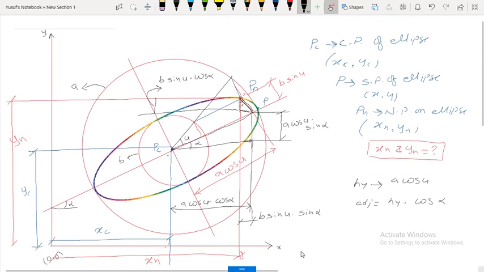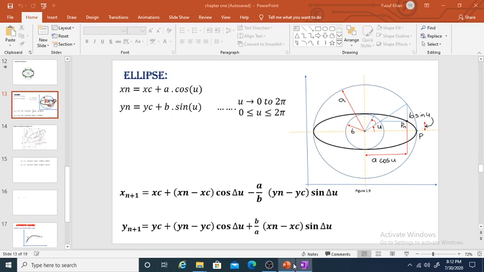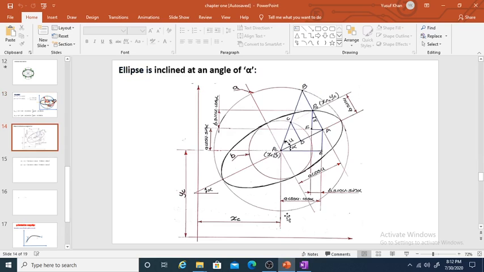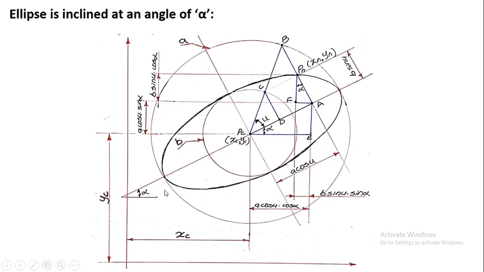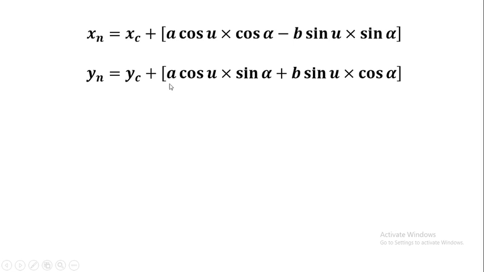We can see it here on the PPT. So this is the inclined ellipse, and we have drawn the geometry over here. By using this geometry, we have calculated xn, the x component. The xn will be equal to xc plus a cos u cos alpha minus this length. And for yn, yc plus this length will give yn. So here I am writing the equations for xn and yn.